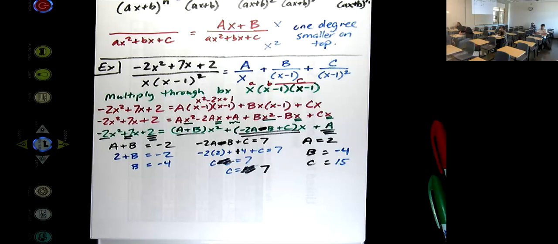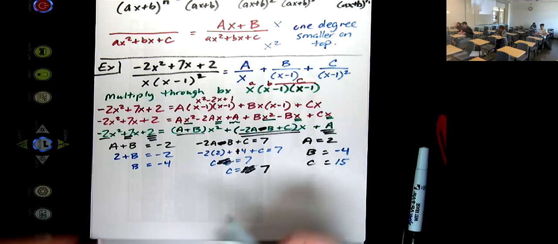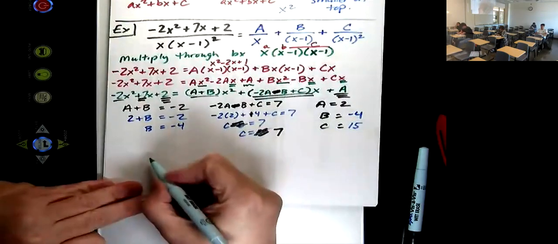There's a shorter way of doing this. Let's see. Let's go back up to, so we got these values right here. Let's just write down the final form real quick.